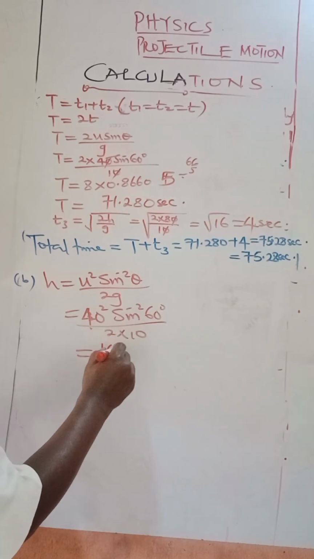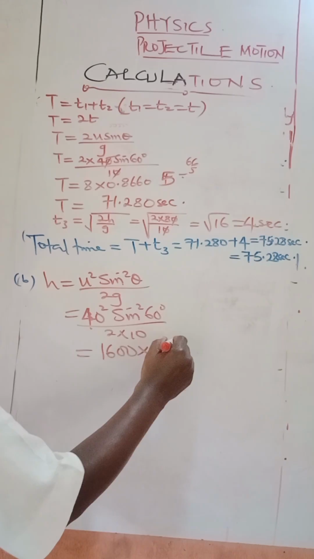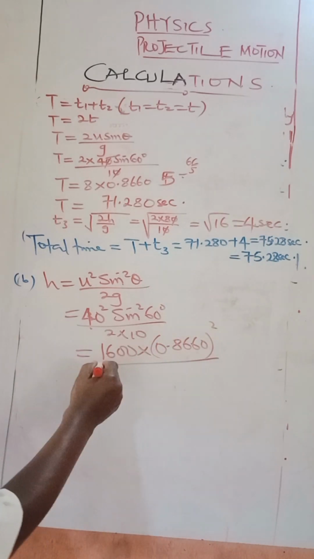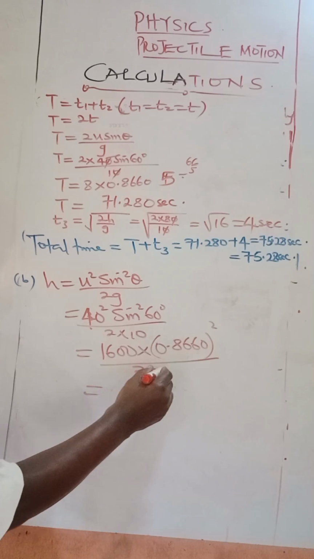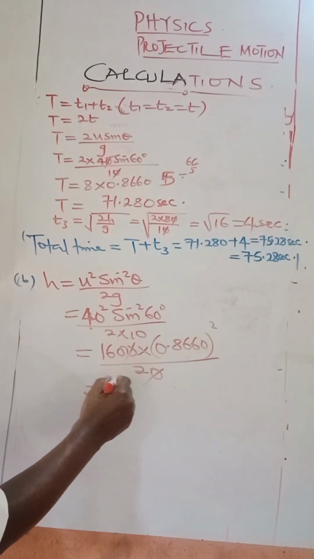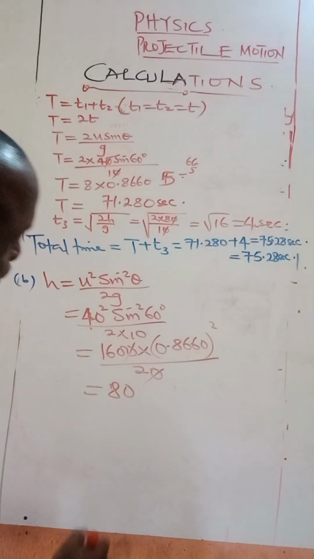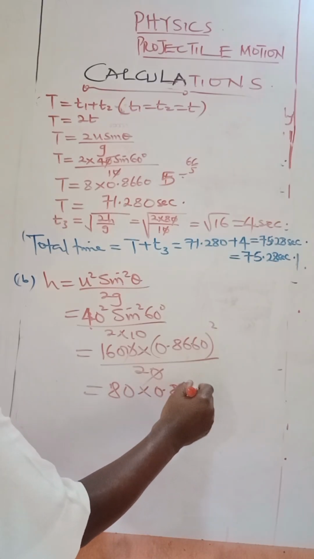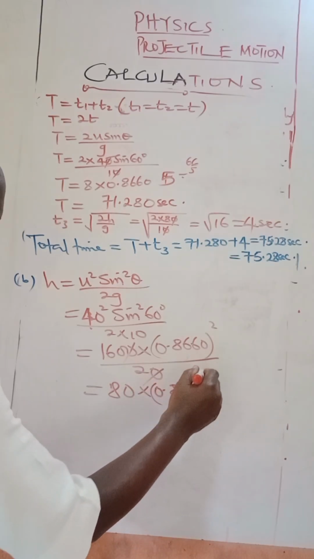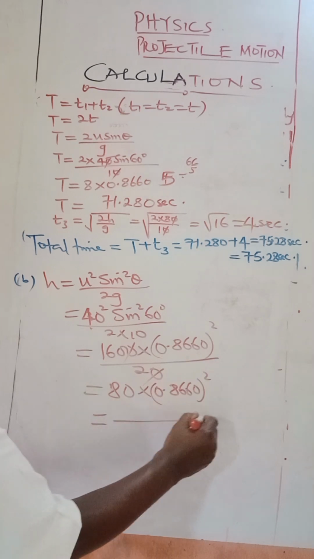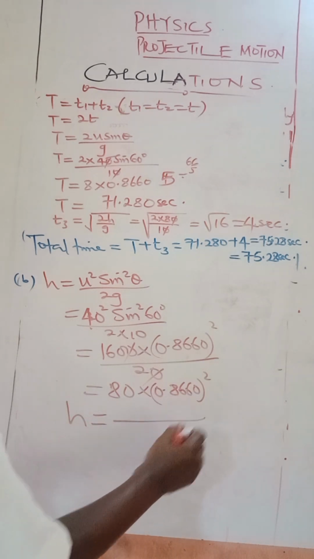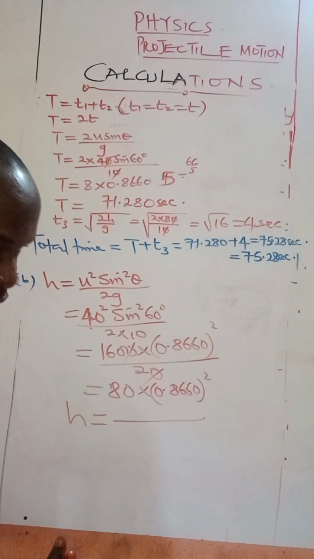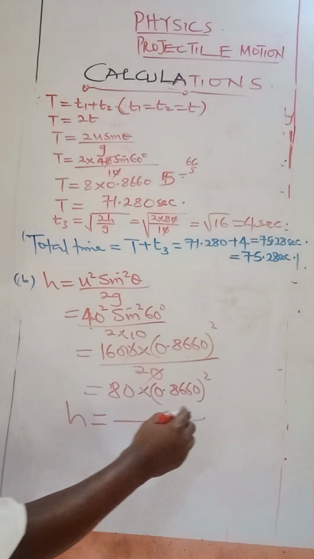This one gives you 1600 times 0.8660 squared divided by 20. This one will cancel this. We have 80 times 0.8660 squared. So whatever you get here, that's your height. Viewers, use your calculator and type the answer in the comment section.